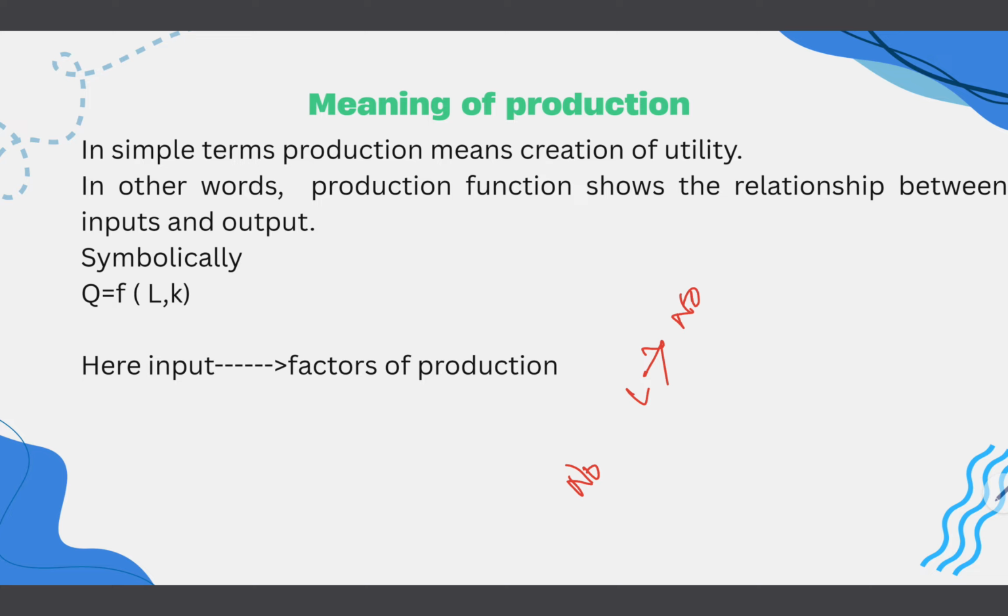That answer is also no. So how do we understand from this that production needs some input or factors? So we can say that production needs some input or factor.